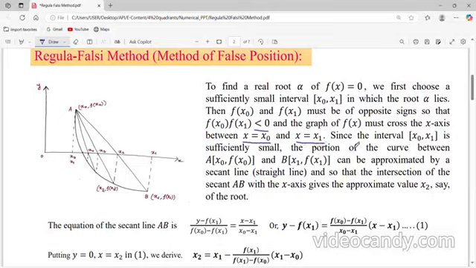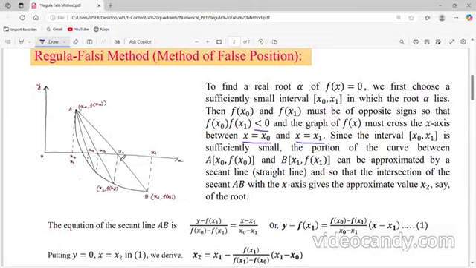Since the interval x0, x1 is sufficiently small, the portion of the curve between A (x0, f(x0)) and B (x1, f(x1)) can be approximated by a secant line or straight line, and the intersection of the secant AB with the x-axis gives the approximate value x2, say, of the root.